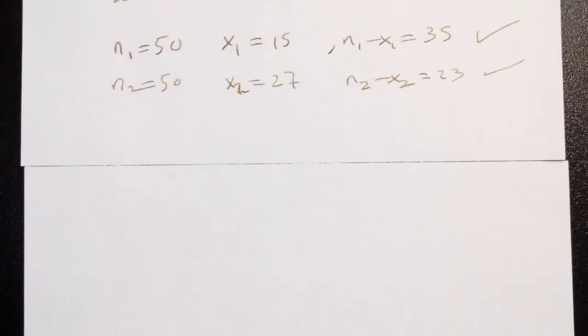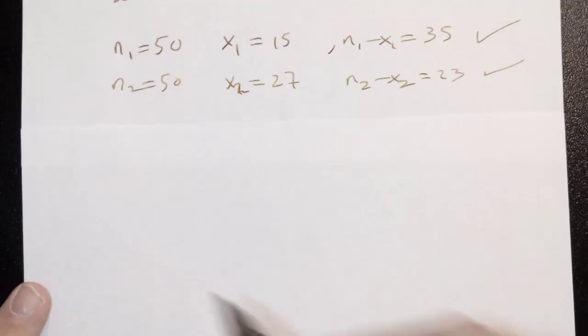A t-test and a z-test are flipped up interpretations of a confidence interval, which means I can think of this entire process as something I can do confidence intervals on.